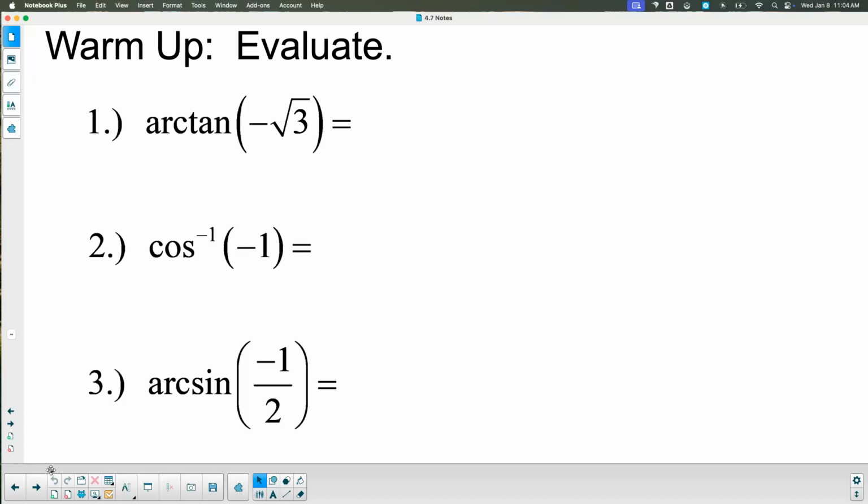Except the downfall is I can't use 5 pi over 3, so I have to say that is negative pi over 3. It's got to be in that negative pi over 2 to pi over 2 non-inclusive, you might say exclusive, range.